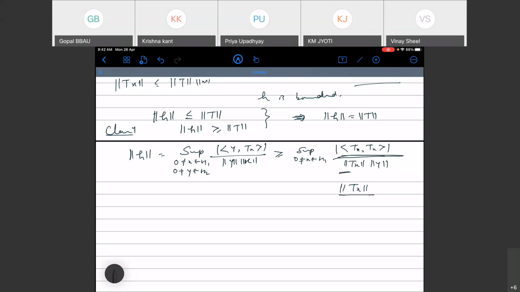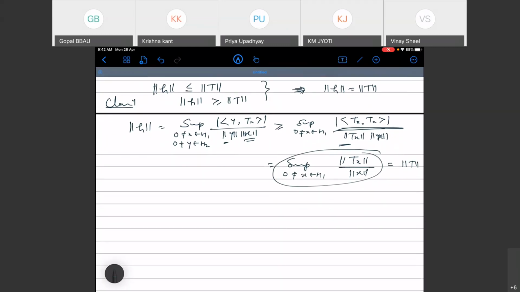Oh, this is not y, this is x. See here, we have replaced y by Tx. The numerator is nothing but norm Tx squared, and we have norm Tx in the denominator, so we are left with norm Tx by norm x, and this whole thing is norm of T. So we are done. Therefore we have proven norm h equals norm T.